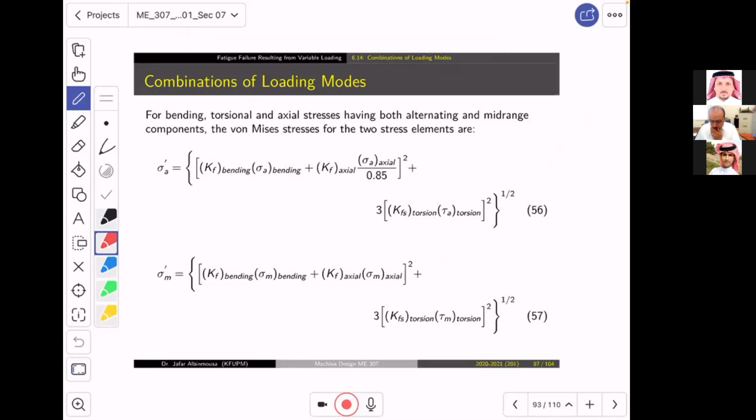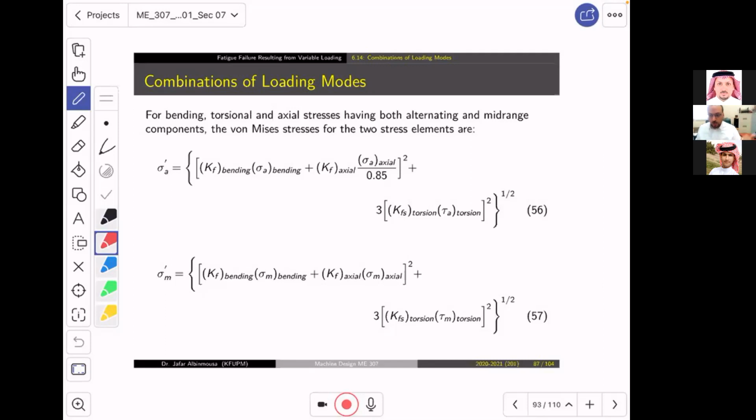So, we learned from chapter 5 that whenever you have multi-axial loading, you need an equation, a factor, a criterion, anything that combines all the effects and makes them one number. Now, if you realize with fatigue, we always care about two things, ya akhwan. Two things. Amplitude and mean.